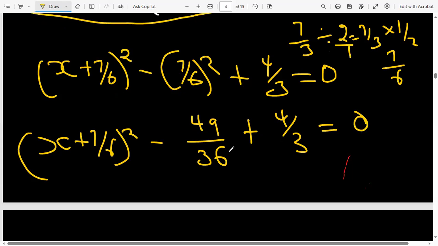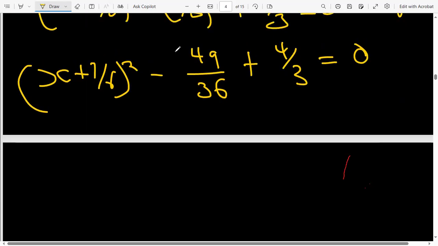Okay, so we realize that we can add these guys here. So the minus 49 over 36 plus this guy here. Okay, so we see that the common denominator there will be 36. So 36 into 36 is 1, 1 multiplied by minus 49 is minus 49.